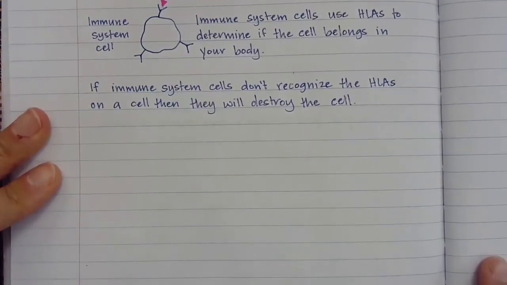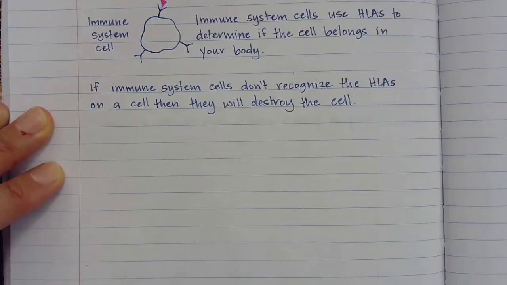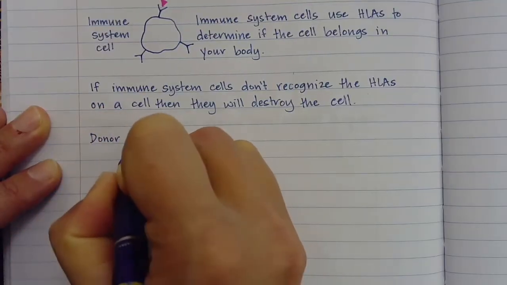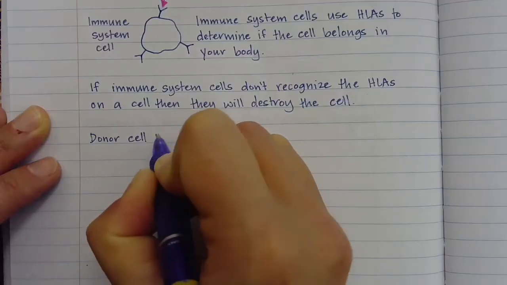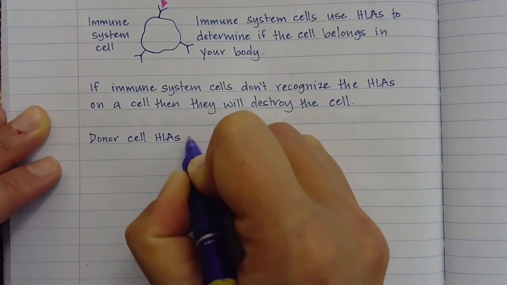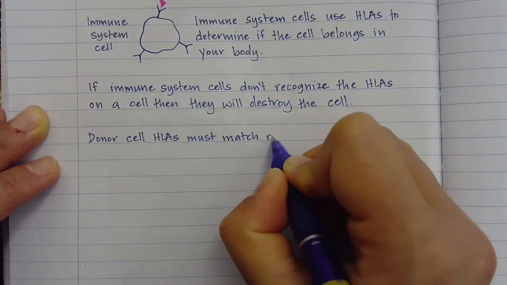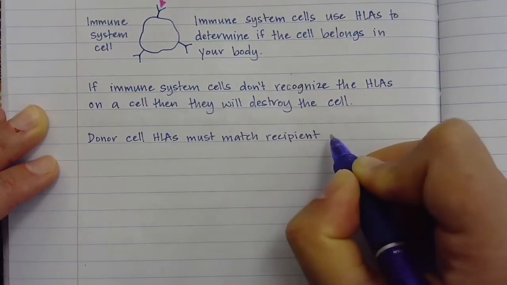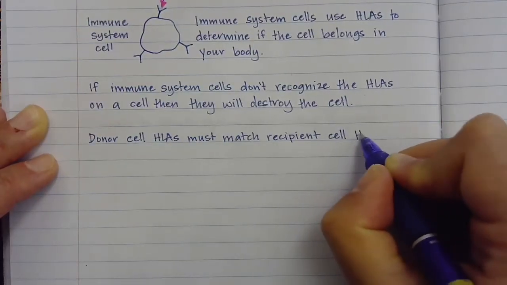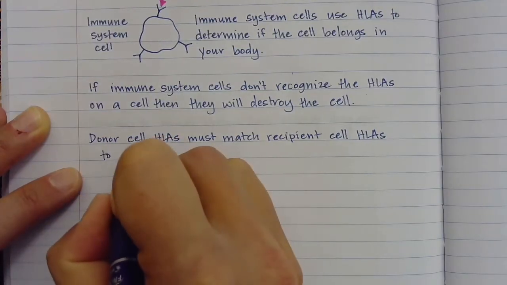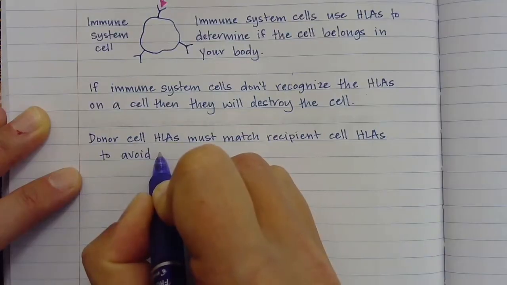What this means for people getting donations, either of tissues like blood or of organs like a liver or a lung or a heart, is that the donor cell HLAs must match recipient cell HLAs, to avoid two things.